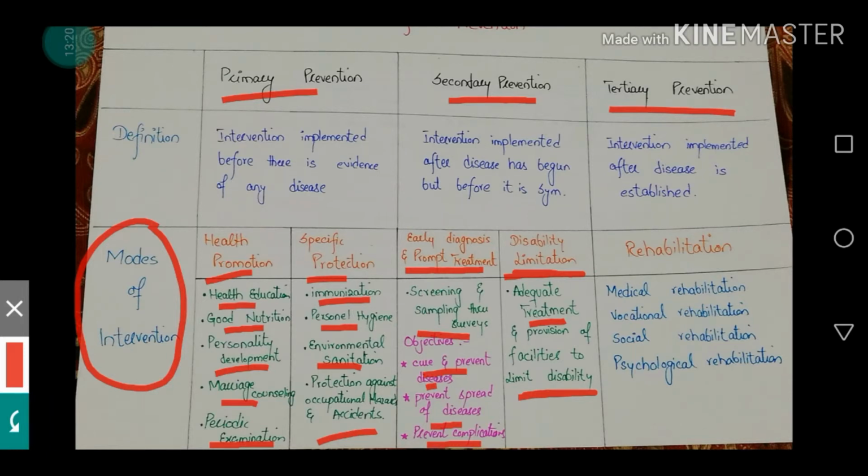They include rehabilitation, which includes medical, vocational, social and psychological rehabilitation, so that the patient after recovery or during recovery can completely come back to their normal life, not only physically but also psychologically, and they can interact with other people despite being affected by a disease, because different diseases have different types of complications, and this also produces a psychological effect on that patient.